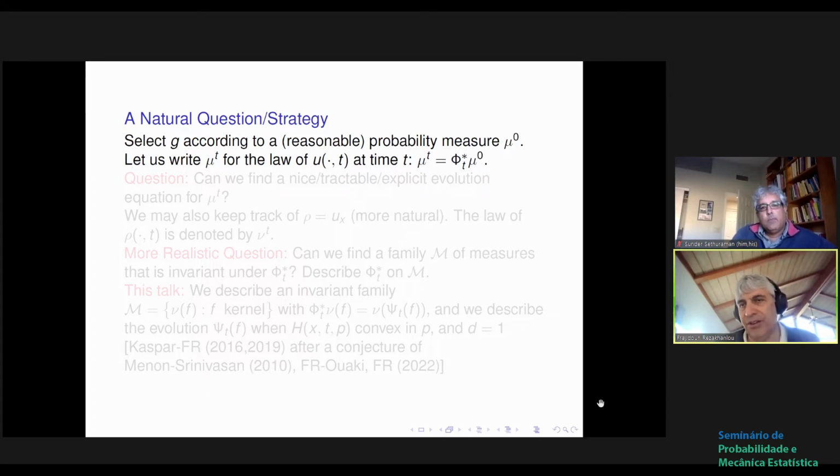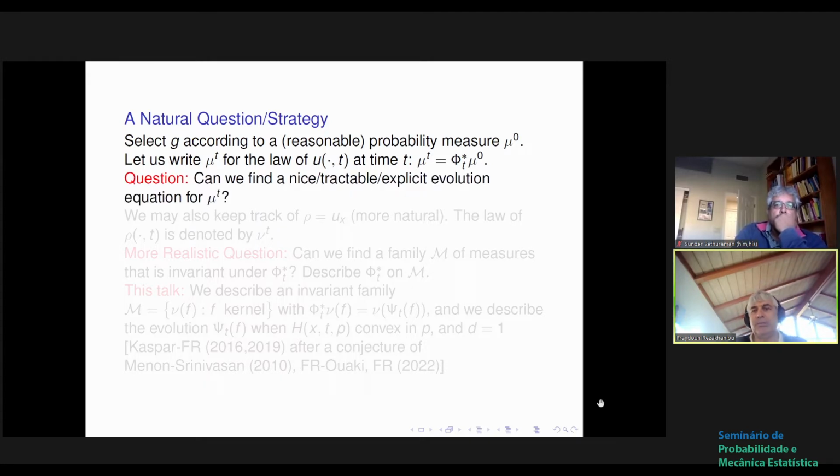You can express it as the adjoint of this operator phi t acting on mu 0. And people often look at the following question: can you find a nice, tractable or explicit evolution for the dynamics of these measures? So mu is changing with time. You want to know whether you can find a nice description for it.